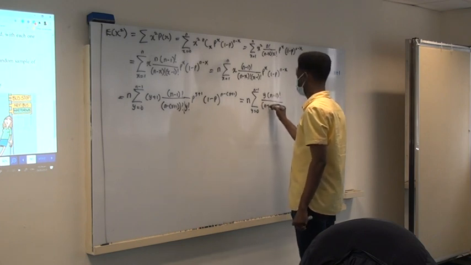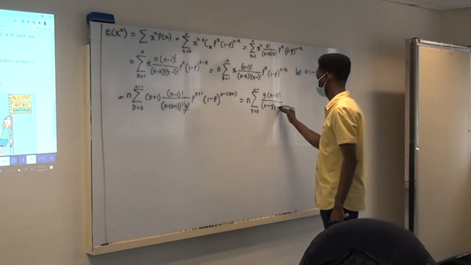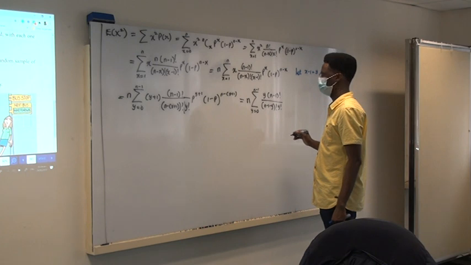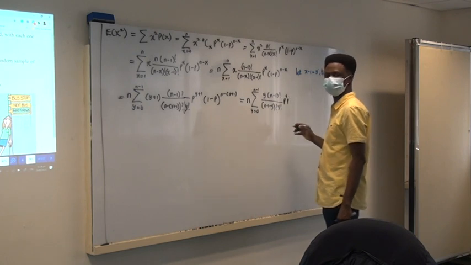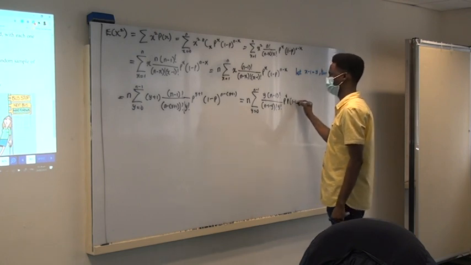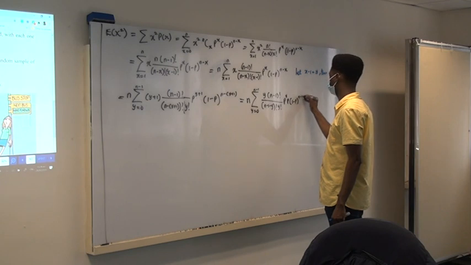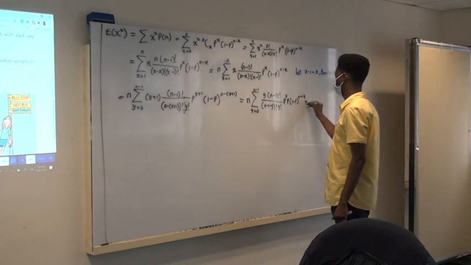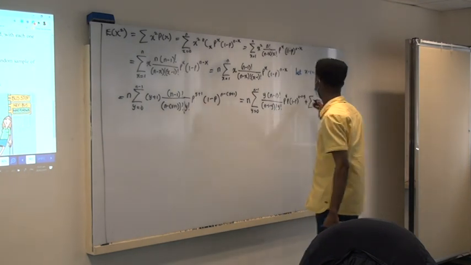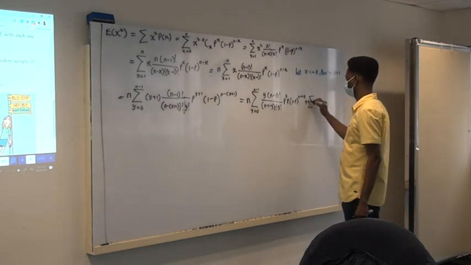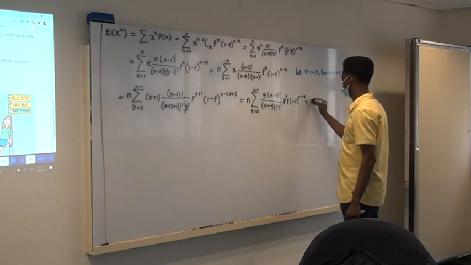This is n minus 1 minus y factorial. This is y factorial, right? Then this is p to power y. I split it immediately, just to save time. 1 minus p to power n minus 1 minus y again. Then with the same thing, everything again times 1. You still have your n here. Talk to me, do you understand?